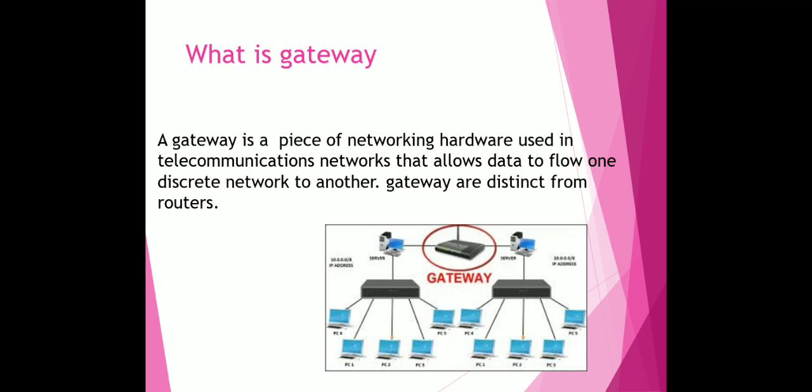After that, it will reach PC1. Like this, PC2 is sending data to PC3 and PC4 is sending data to PC5. All this data travels through the centralized device called the gateway. The same happens with another server connected to the gateway.